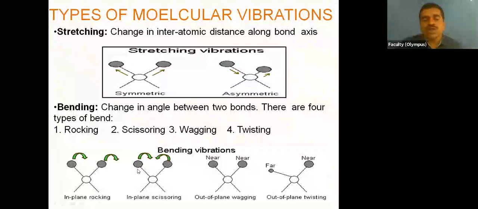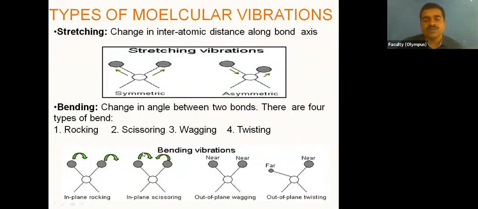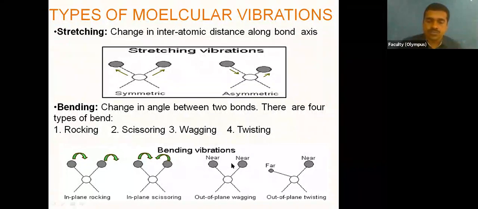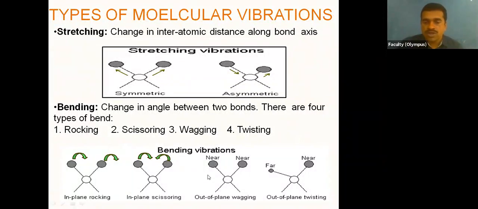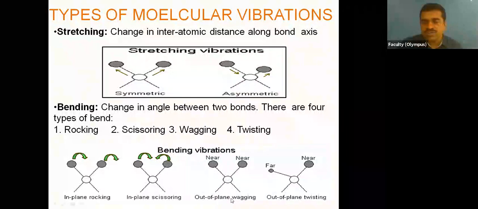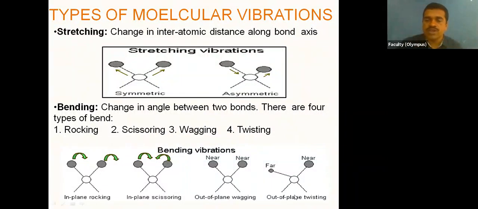These bonds move like the blades of a scissor. That is called scissoring. Then out of plane wedging, and out of plane twisting. So these are the four types of vibrations. Now I will show you the different vibrations.